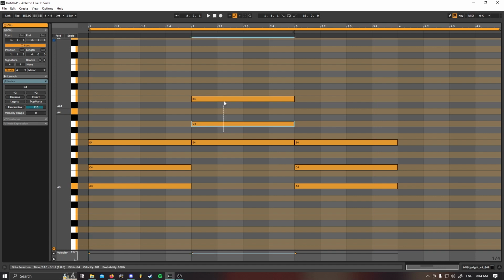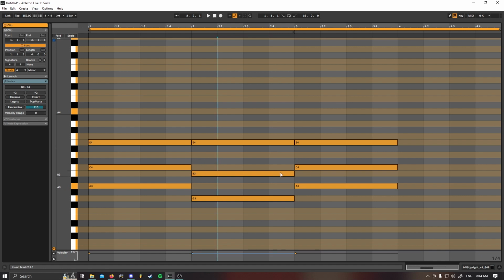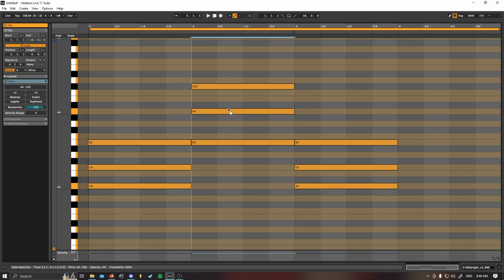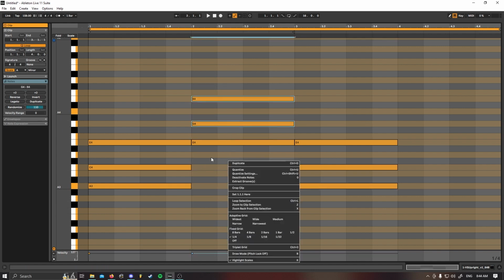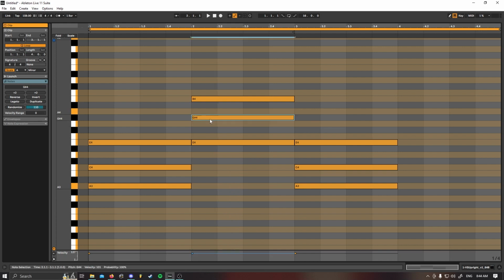So if I move these down, so G and B to this G and B, you see this B naturally would want to lead up to this C, and this G naturally wants to lead up to the A. Now, even though we're in minor, I might make this chord major. That's because this G sharp down here is just a piano key away from the A, which means that there's going to be that extra added tension to go home to the A.